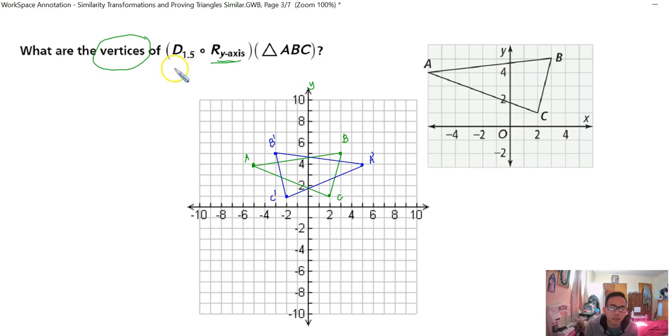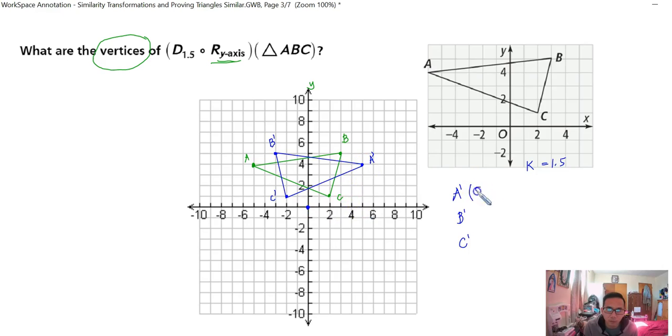Now we have to dilate that, okay? We have to dilate it using your center of dilation at 0, 0. So first, identify my A prime point, my B prime point, and my C prime point. And my K here is equal to 1.5.